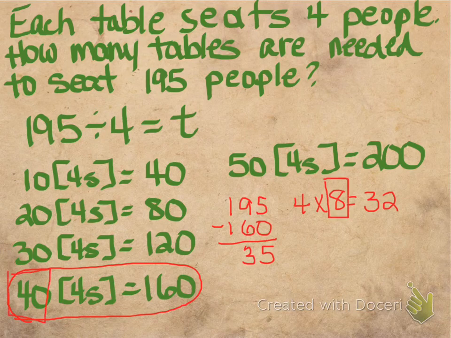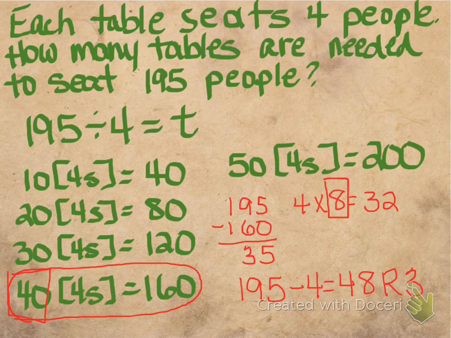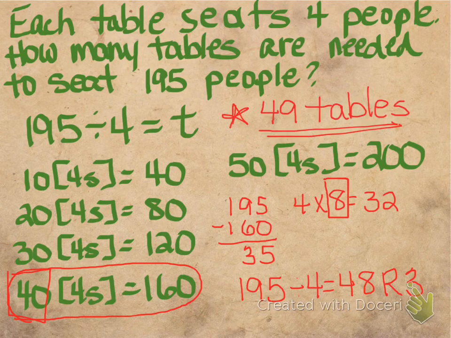So I'm going to take my 40 and my 8, and add those together, which gives me, of course, 48. And then, as you see here, I have 195 divided by 4 equals 48, and I have a remainder of 3, because there would be 3 left over.